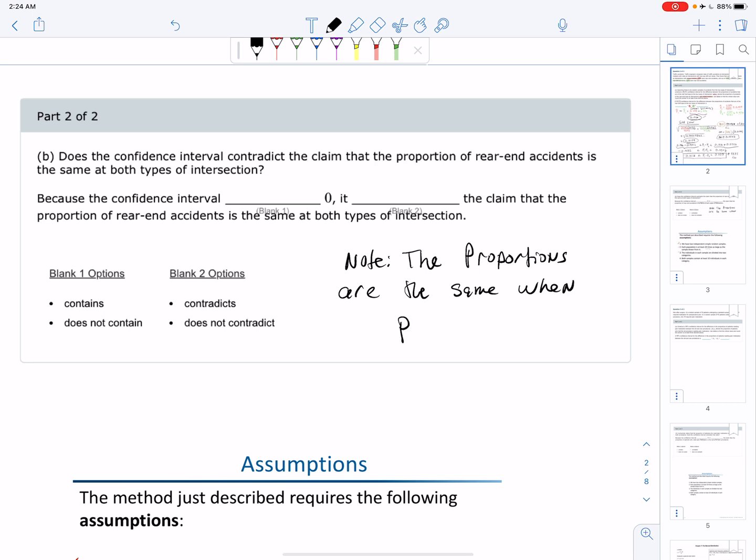When the population proportion from the first population minus the population proportion from the second population is equal to 0, right?